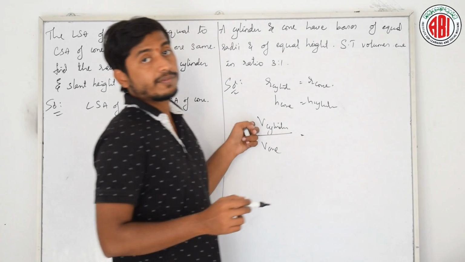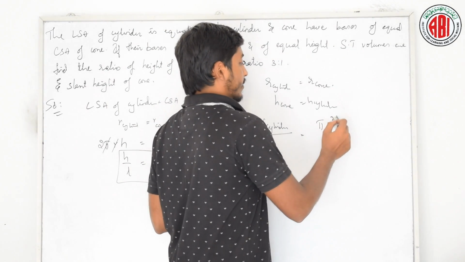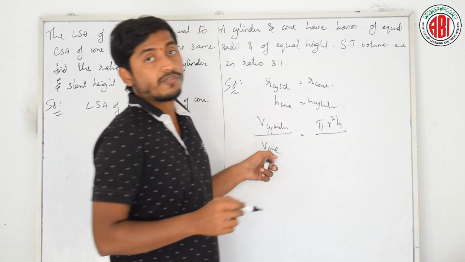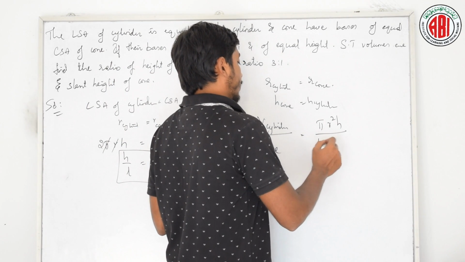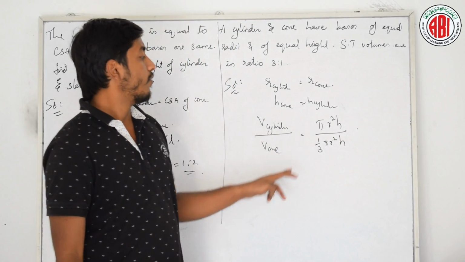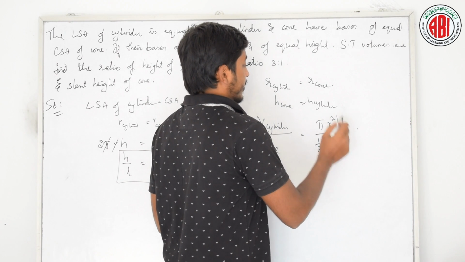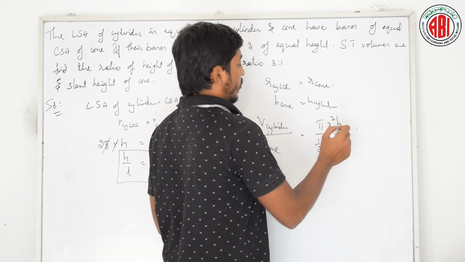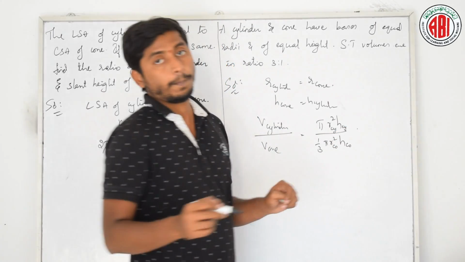What is the formula for the volume of a cylinder? That is pi r square h. And the volume of a cone is 1 by 3 pi r square h. This r is r of cylinder, this r is r of cone, this height is height of cylinder, and this is height of cone.